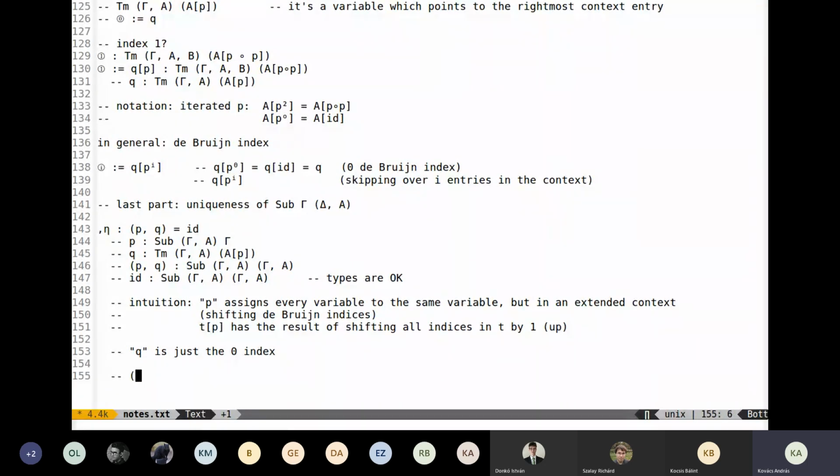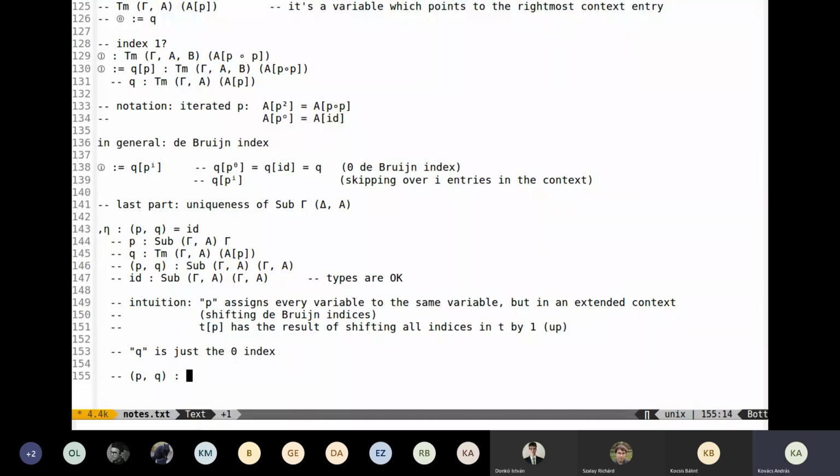So if I am combining P and Q, then it basically becomes the substitution which assigns every variable in gamma to the same variable, but in an extended context, and we are also assigning the 0 index to itself.